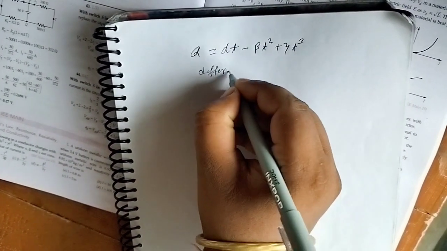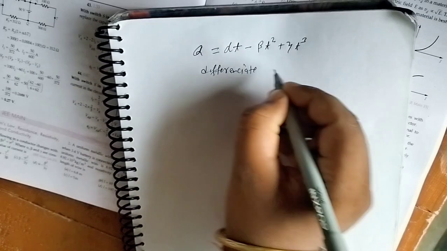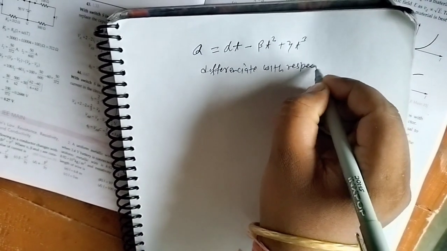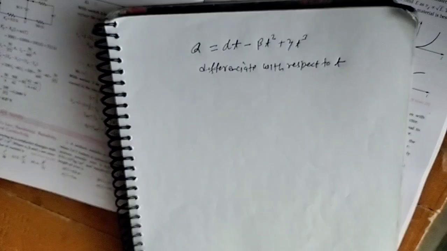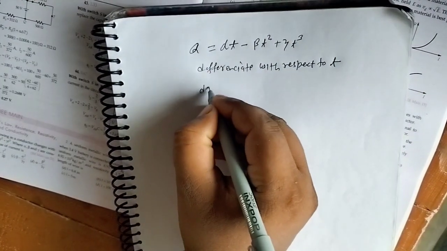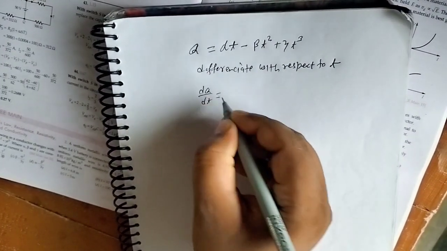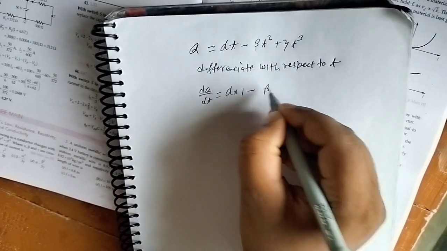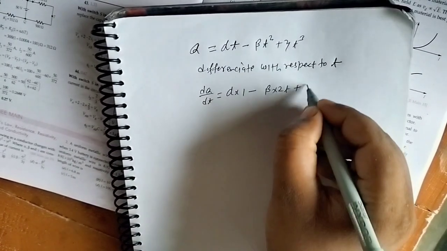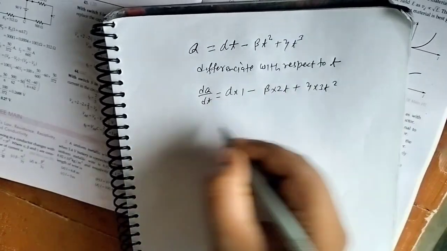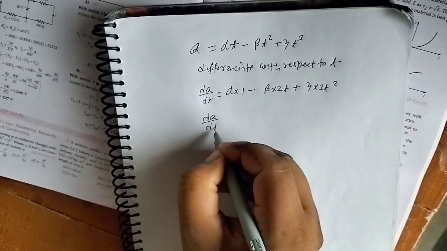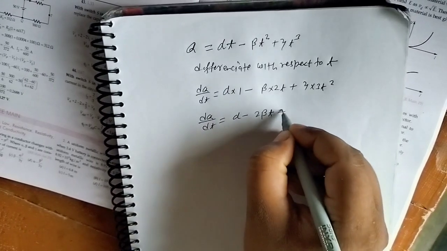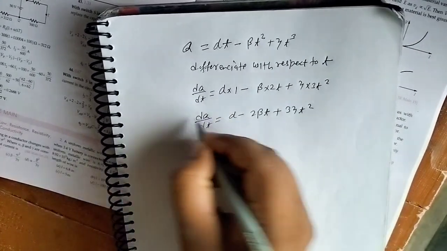Differentiate with respect to t, then dq by dt equals alpha into 1 minus beta into 2t plus gamma into 3t square. Then dq by dt equals alpha minus 2 beta t plus 3 gamma t square.